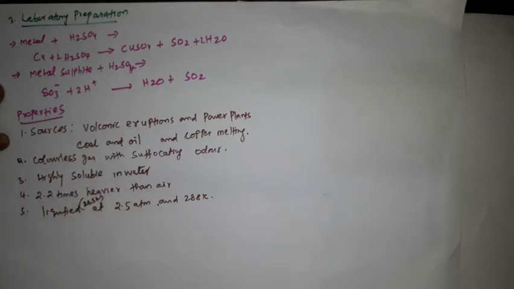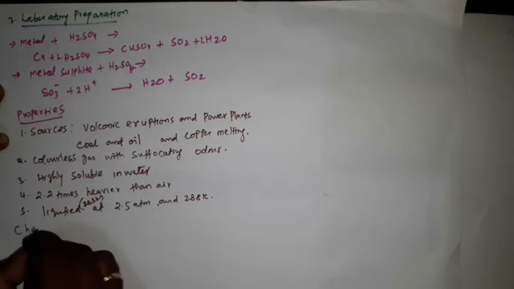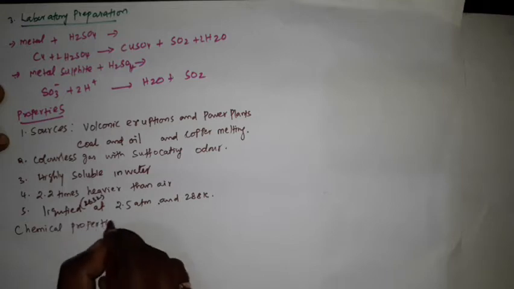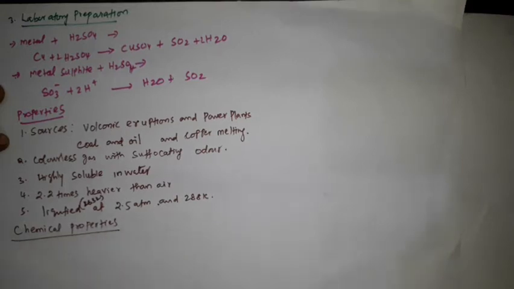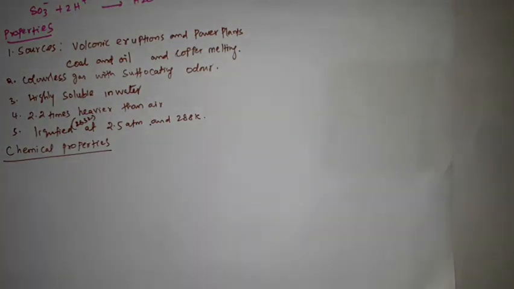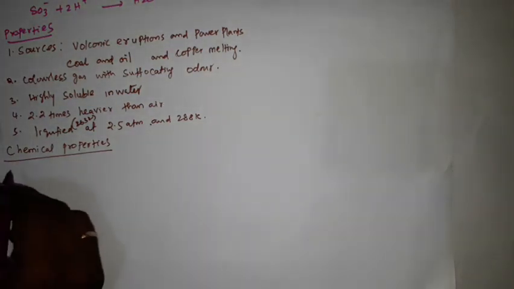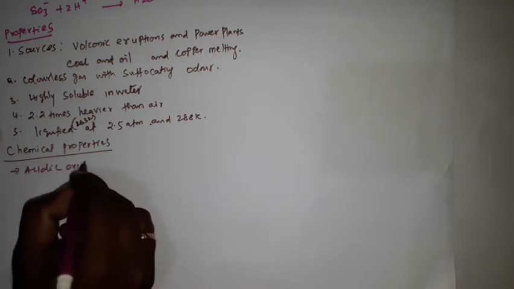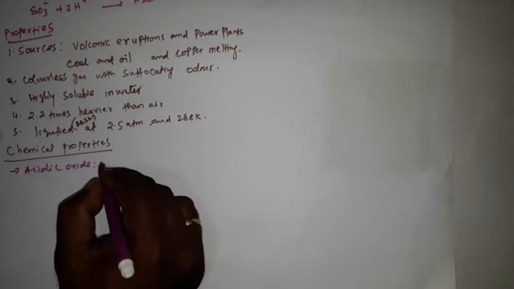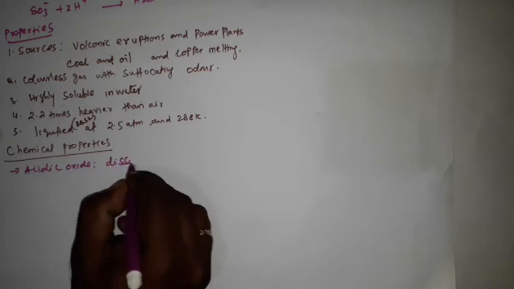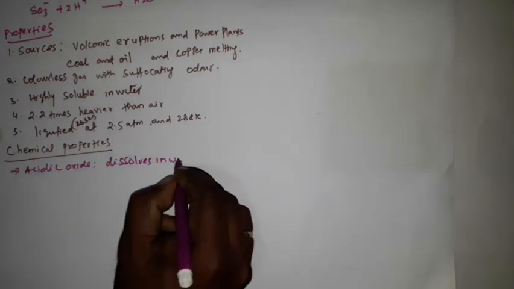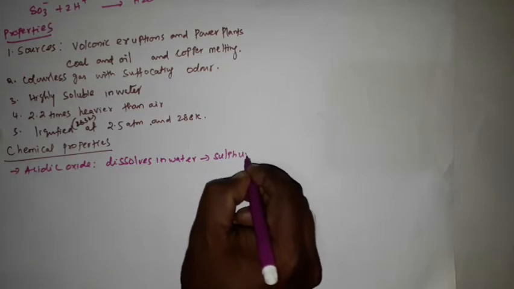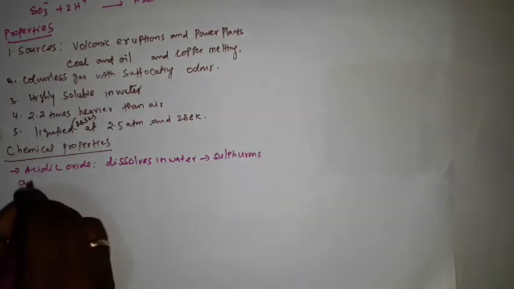Next we are going to study about chemical properties of sulfur dioxide. So chemical properties of sulfur dioxide. It is an acidic oxide. It dissolves in water to form sulfurous acid.